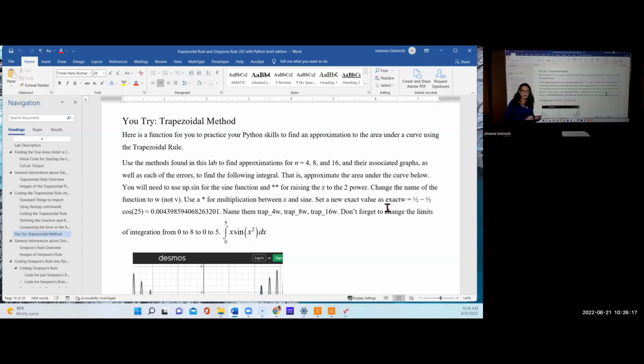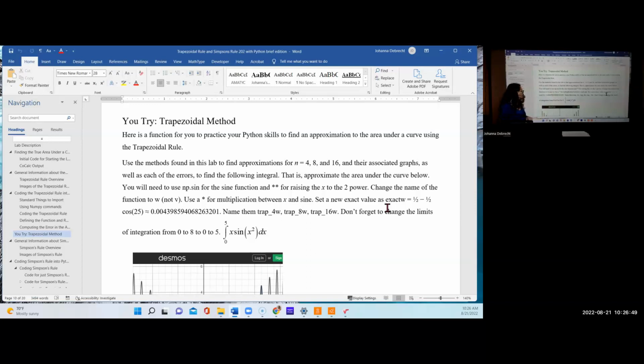It's always good programming practice to change the name of the function, not reuse names of functions, because computers never forget. You forget you called something V, and now you're calling something else V, but the computer doesn't forget and it can get confused, or rather, the computer doesn't get confused, but you do. And you can be surprised by it not giving what you thought it was going to give because it remembers the old name or what the old function was. So we're going to use W and not V.